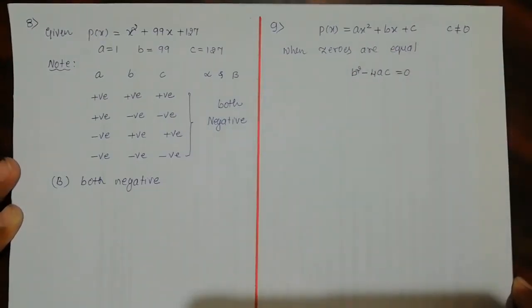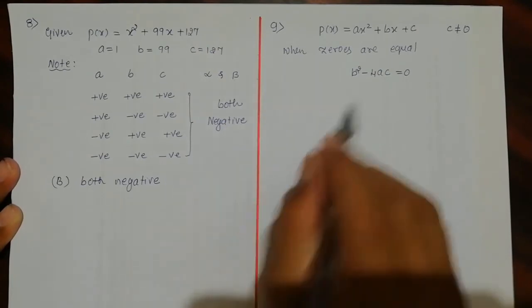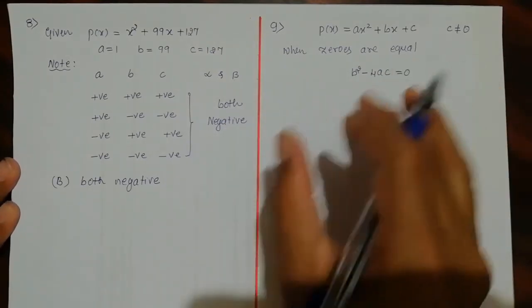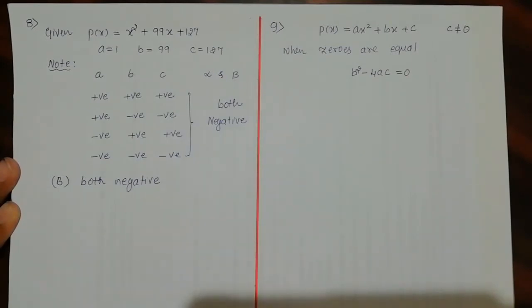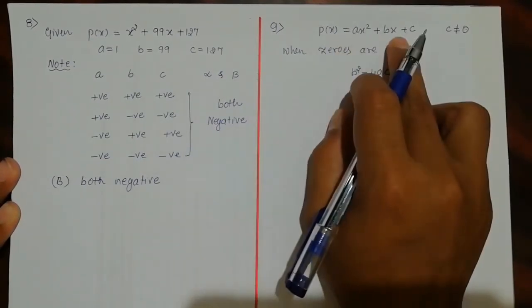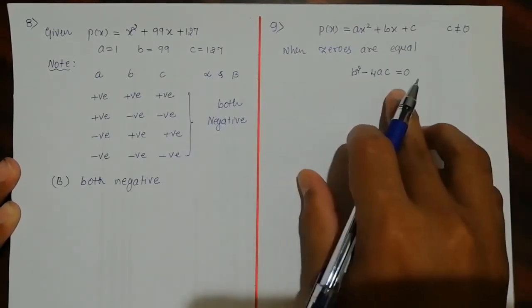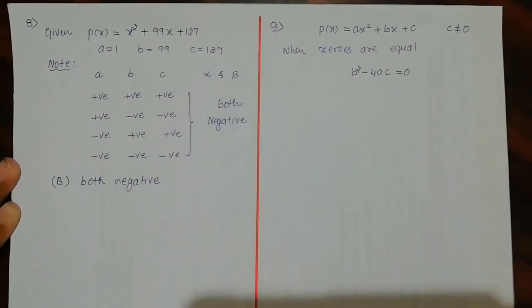Remember this one, this is a formula. So when both zeros are equal, b square minus 4ac should be equal to 0. It's already given that the zeros of this polynomial are equal, so definitely b square minus 4ac should be equal to 0.